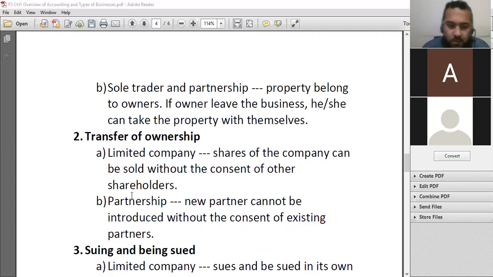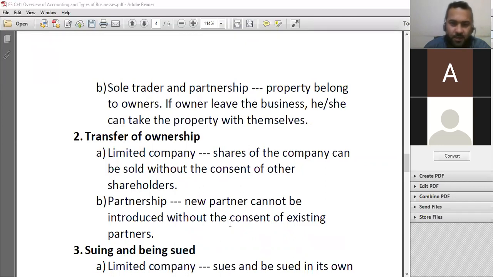This is not possible in a partnership. If you are a partner in a partnership and you want to sell your share to another person, and your other partners are not willing, then you cannot sell the share. Are you getting it or not? Yes, getting.